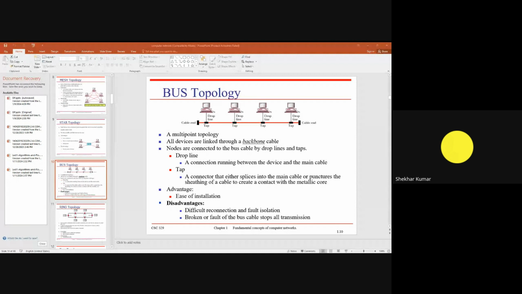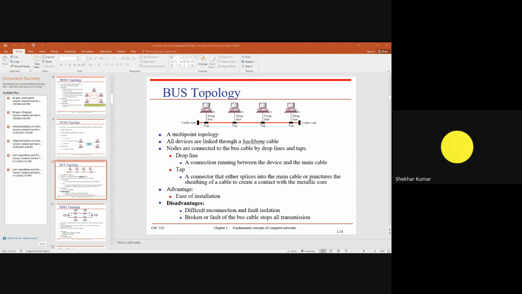But suppose the cable fails, then what will happen? Then the whole network will fail. This is a disadvantage. If the network traffic is heavy or nodes are more, the performance of the network decreases.